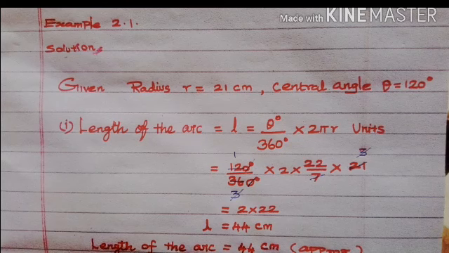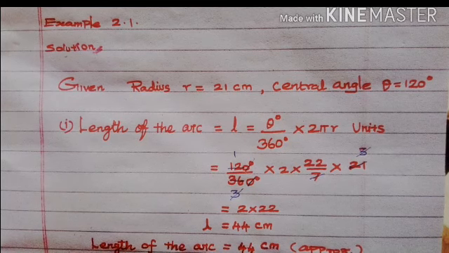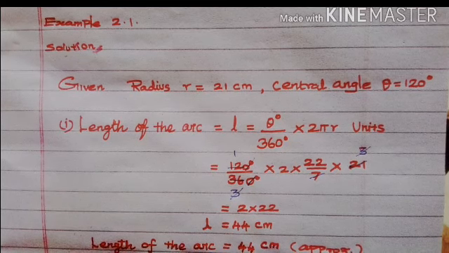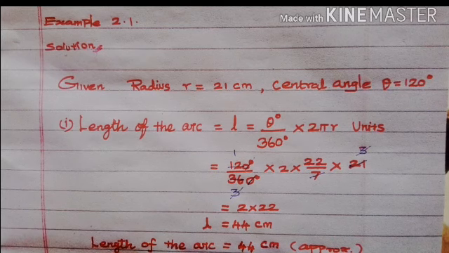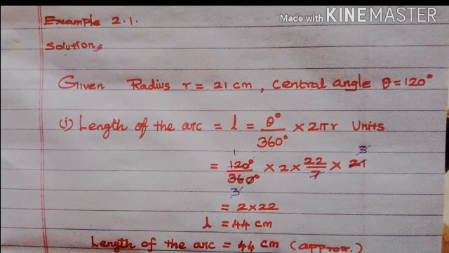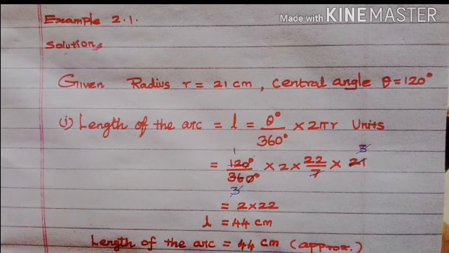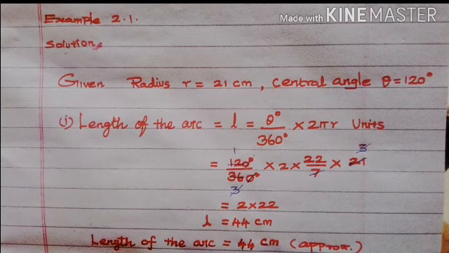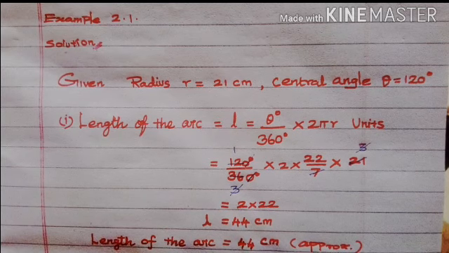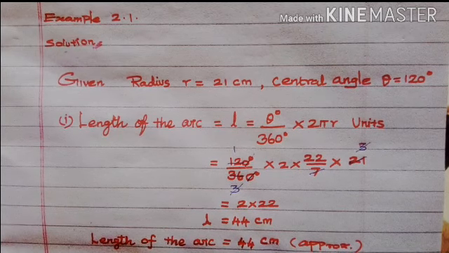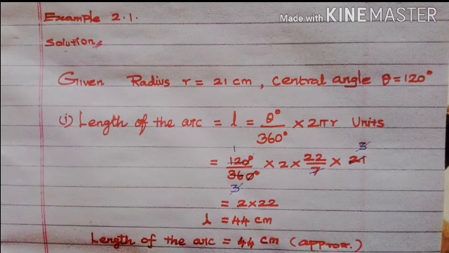First here we cancel the zeros in 120 by 360. Next we simplify using the 12 table: 1 12s are 12, 3 12s are 36. Next, cancelling 21 by 7 using the 7 table: 1 7s are 7, 3 7s are 21.